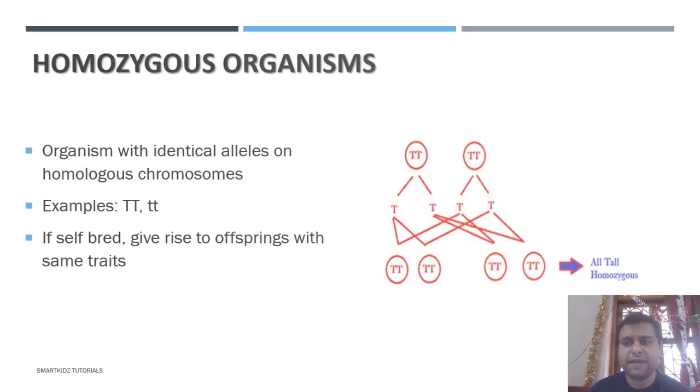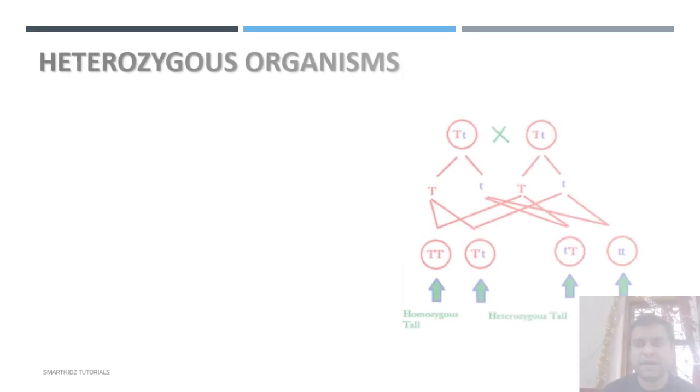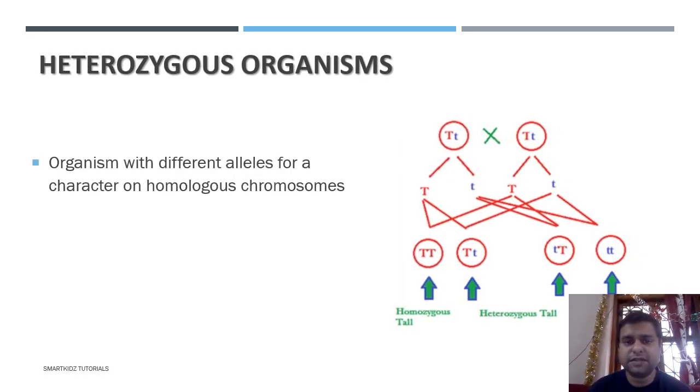Then we have heterozygous organisms. If you have a look at the diagram over here, there is a difference compared to what we had seen last time. In the last example, both were capital T in both cases.